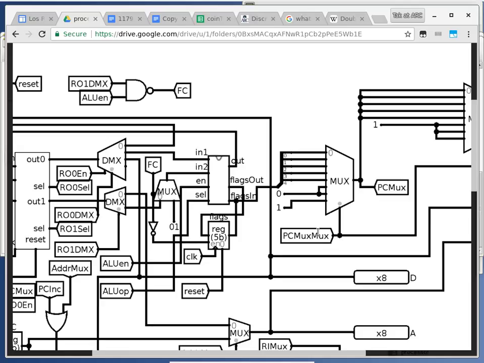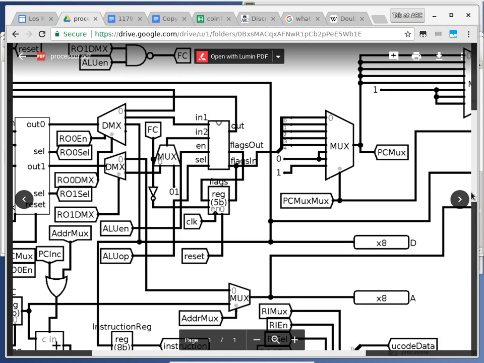So when the selection is 7, which input am I using to connect to the output? The 7th one, input 7, which is a 1, correct. So it's a constant of 1 that is connected to the output. Great, the output is another tunnel. Track it down. So where does PCMux go? PCMux goes to a multiplexer that controls how the program counter is going to be updated.